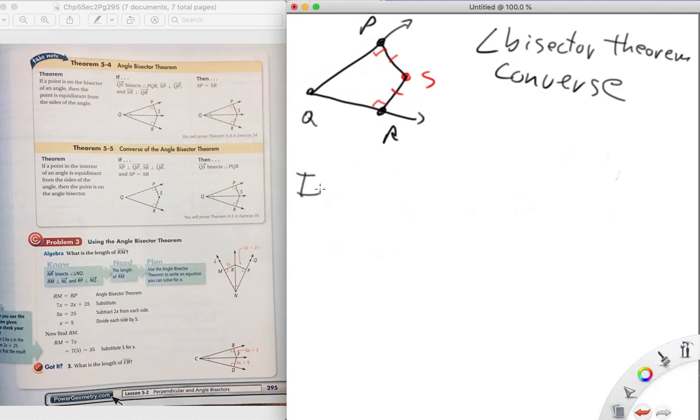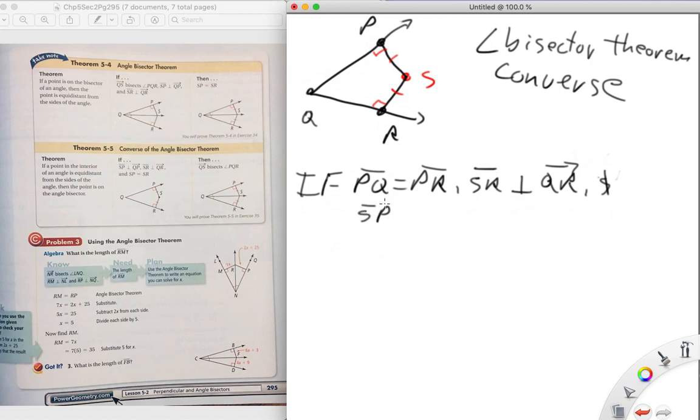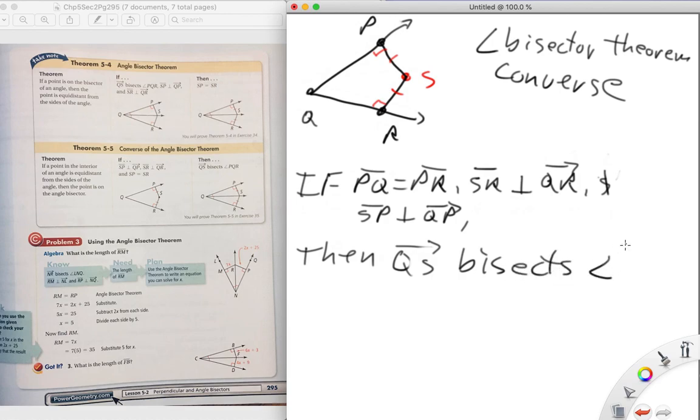That's my if. If SP is equal to SR, and segment SR is perpendicular to ray QR, and segment SP is perpendicular to ray QP, then I have enough information to say that segment QS, the line that it's on, ray QS, is bisecting the angle PQR.